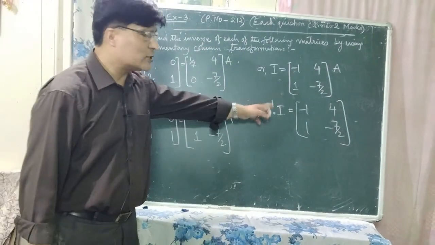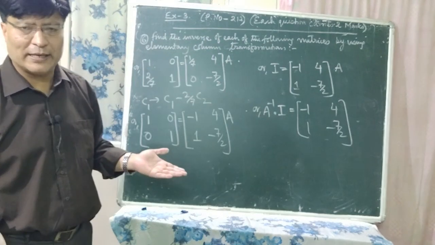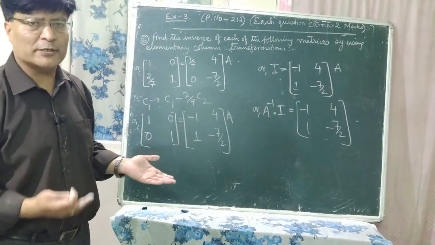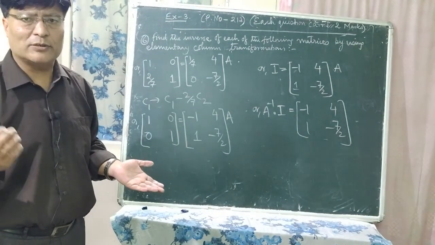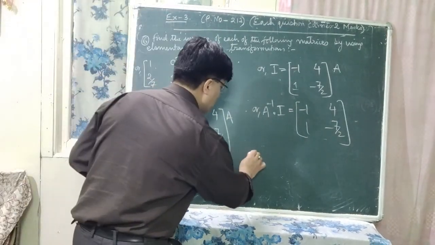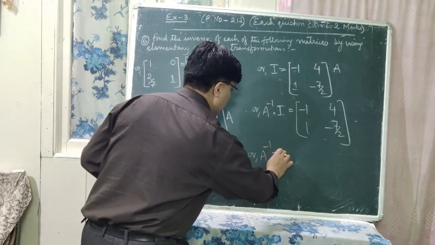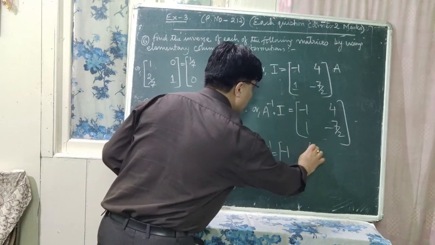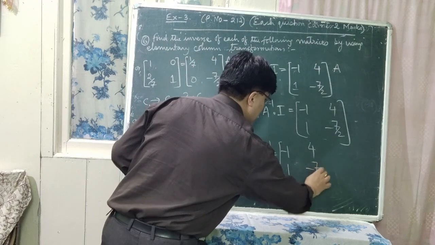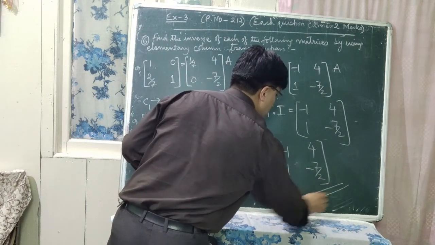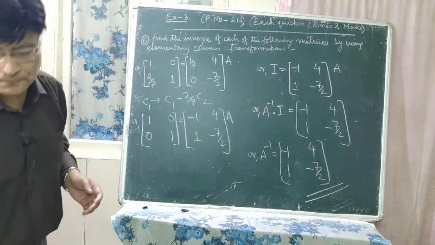So what is A inverse dot I? That is your A inverse. This is from the properties of matrix: A dot I is equal to A. So similarly, A inverse dot I is A inverse, which is equal to minus 1, 4, 1, minus 7 by 2. So this is the final answer.